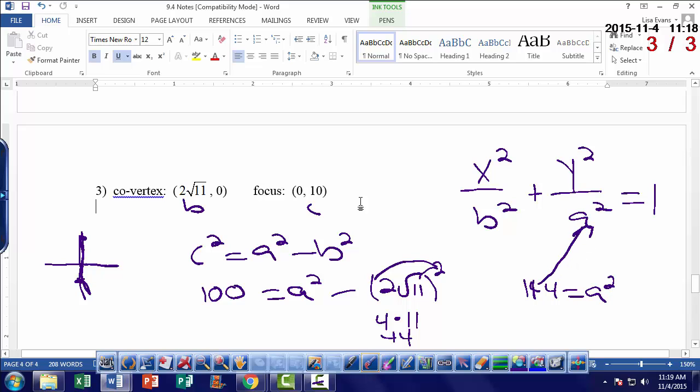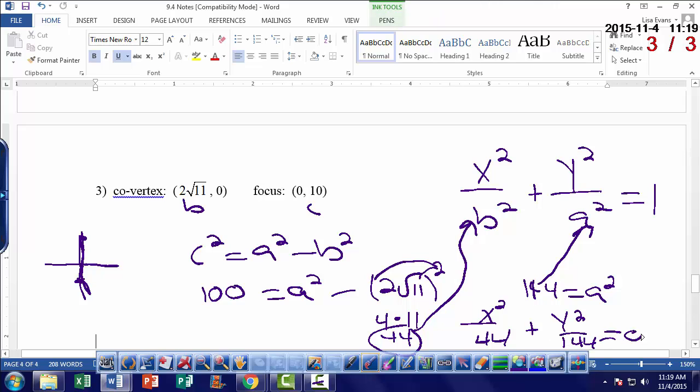I plug this in for a, and for b, I plug in 44 because I need to take 2 root 11 and square it. So my answer in this problem is x squared over 44 plus y squared over 144 equals 1. Okay, let's go ahead and look at the U-try.